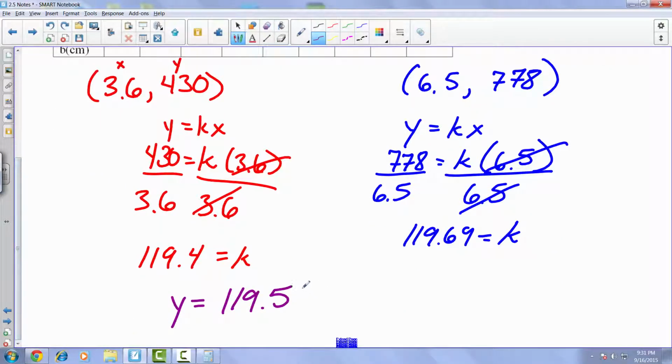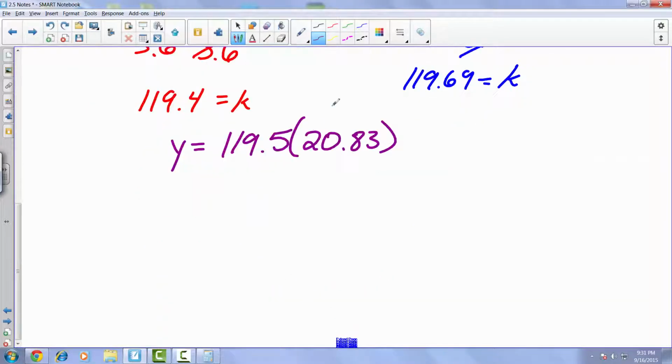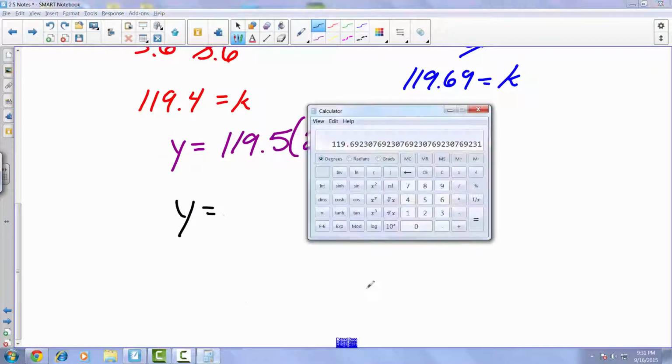When we throw that in there, we can use our calculator: 119.5 times 20.83 equals 2,489.